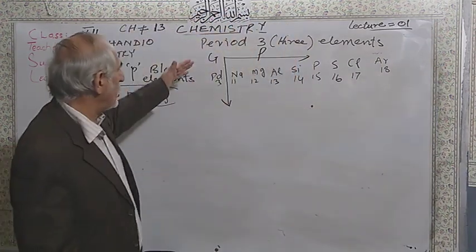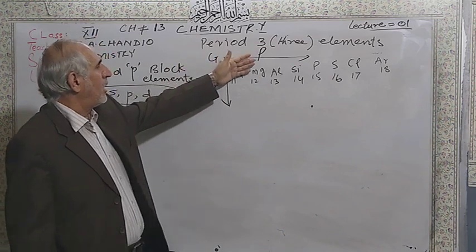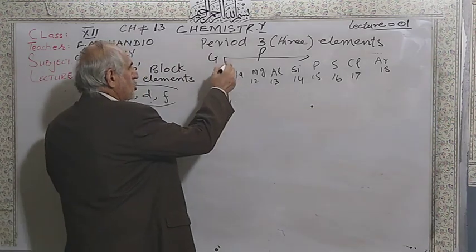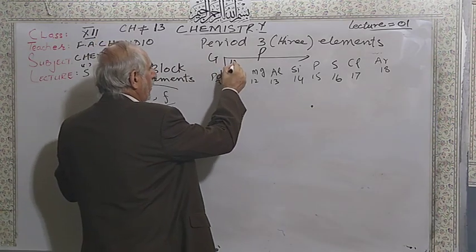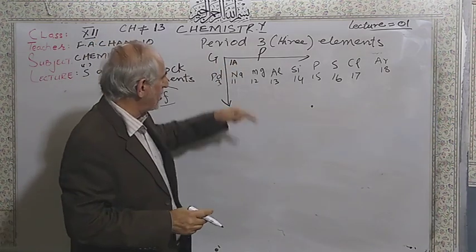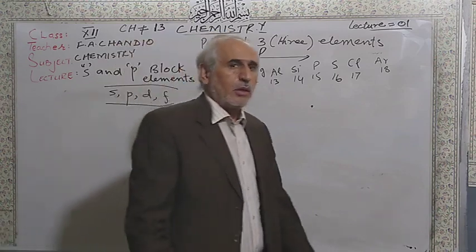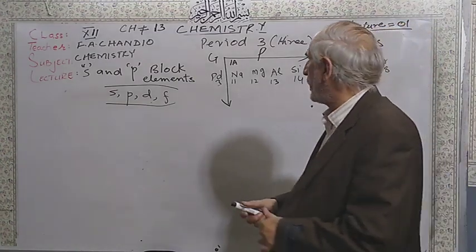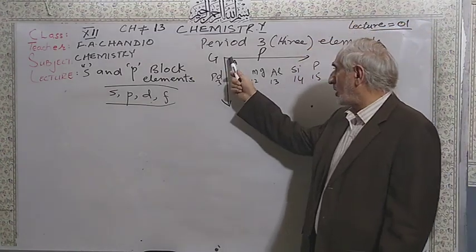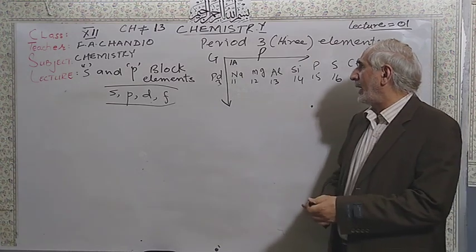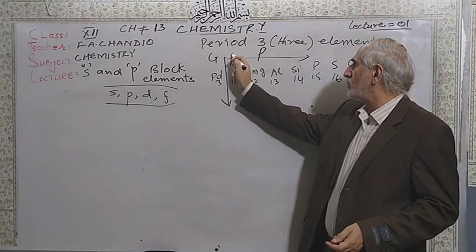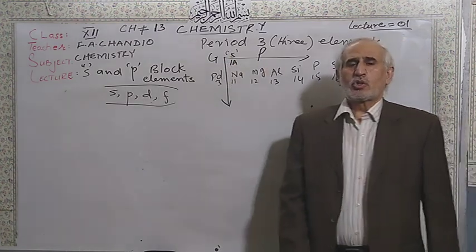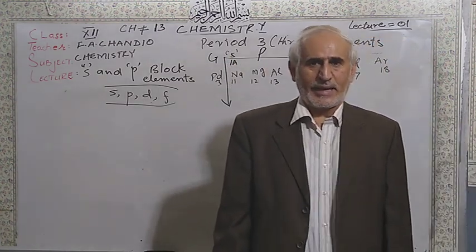If you look at the periodic table, sodium is present in group number 1A, the alkali metals: lithium, sodium, potassium, rubidium, cesium, francium, going down. This group 1A element belongs to the S block. Sodium is an S series element.